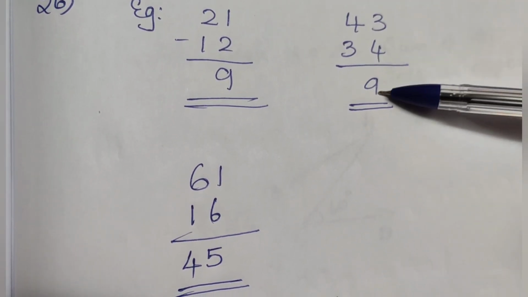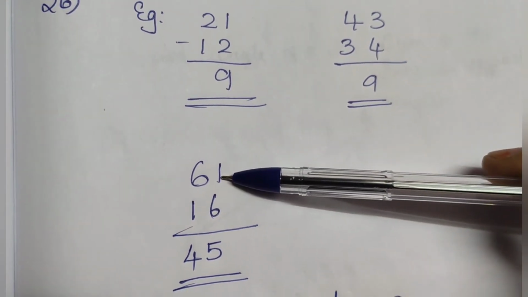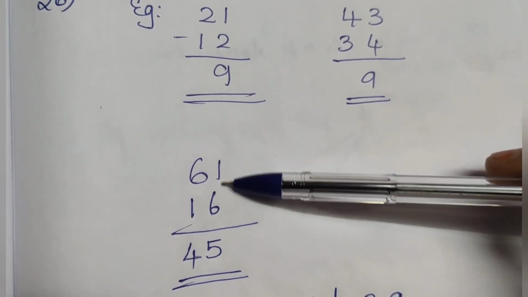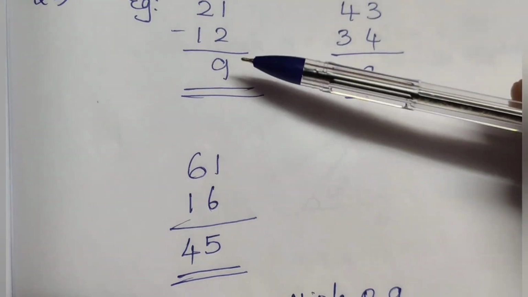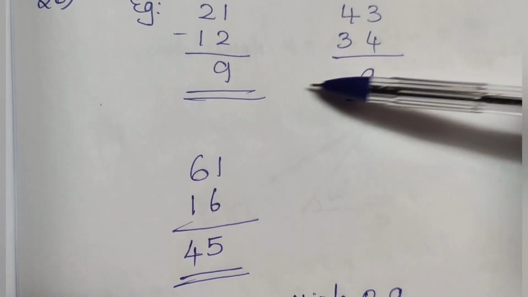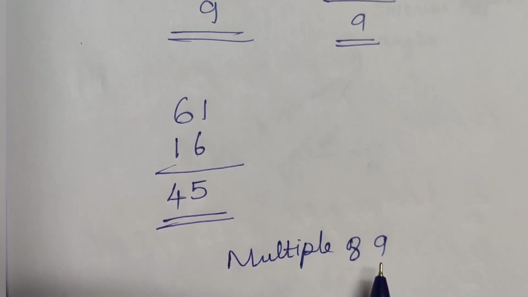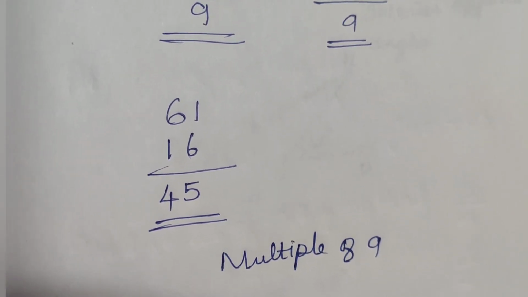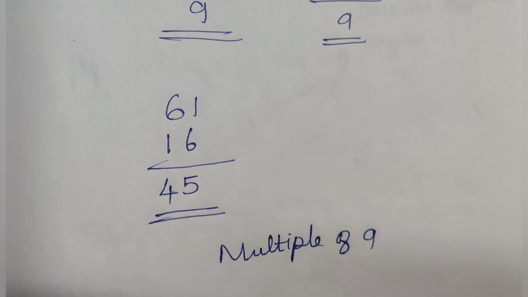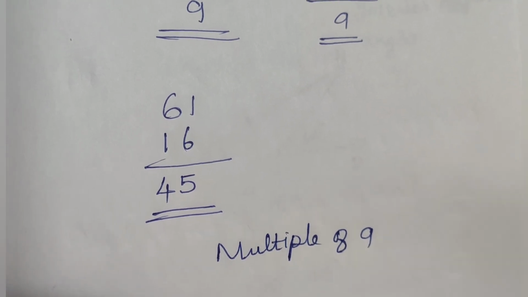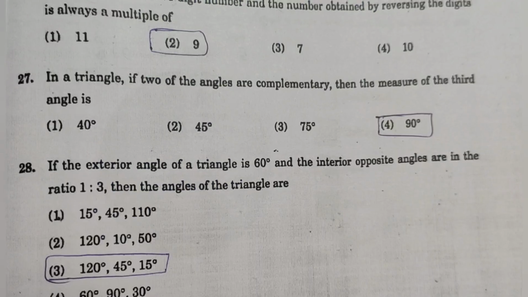The answer is 9. 61, reverse it, 16, and the difference is 45. We can see that all the differences are multiples of 9. So the answer is multiple of 9.